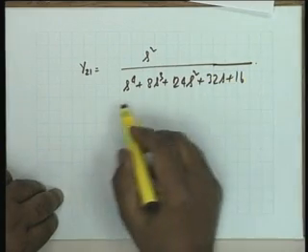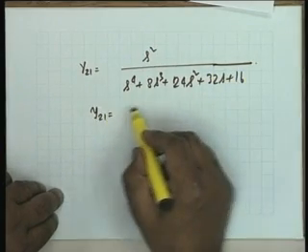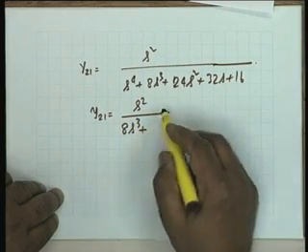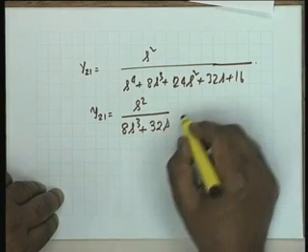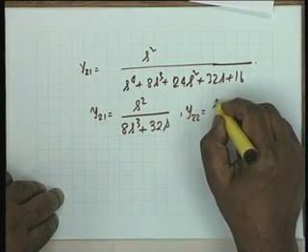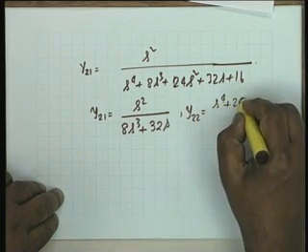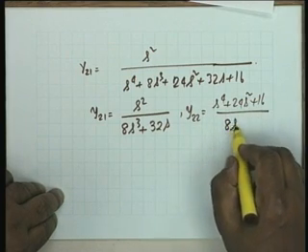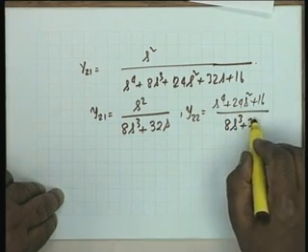Now, what should be our Y21? S squared divided by 8S cubed plus 32S. And Y22 should be equal to S to the 4th plus 24S squared plus 16, divided by 8S cubed plus 32S.